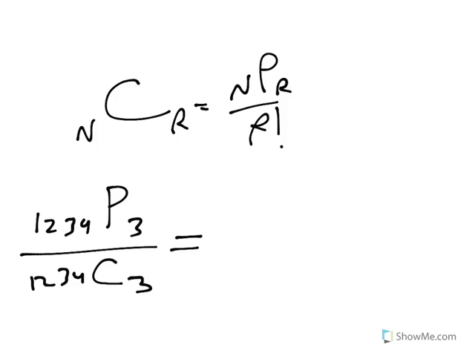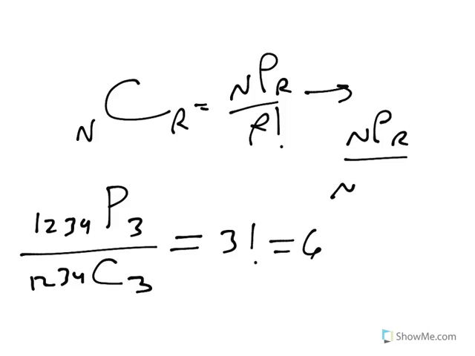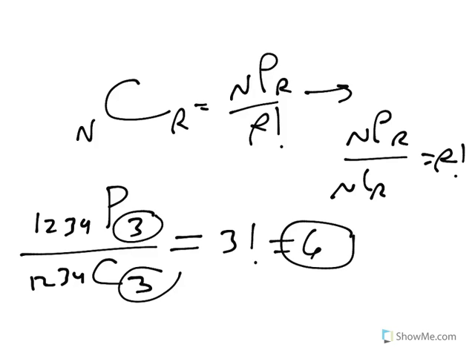And the answer is going to end up being 3 factorial equals 6, because if I rearrange this formula, it would turn into nPr over nCr equals r factorial. So basically there's 3 factorial times as many permutations as there are combinations. So if I divide them, I should get 6.